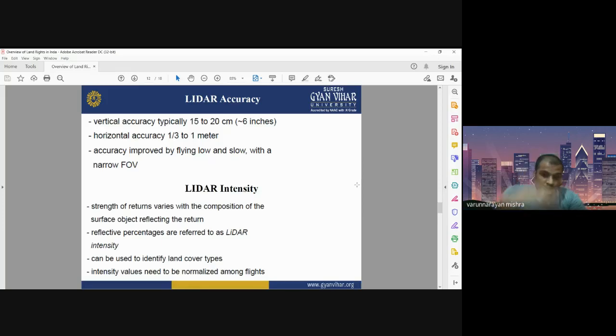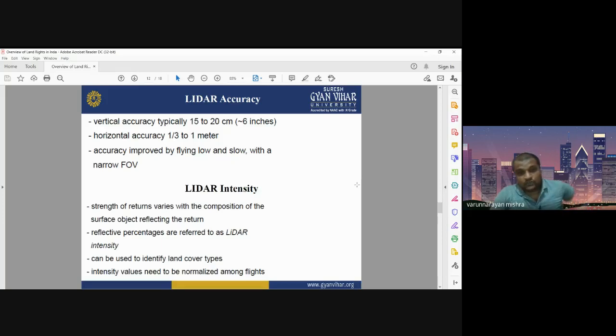Your flight elevation should be low, and the speed of the aircraft should be low. If we follow these three factors, flying low, flying slow, and using a narrow FOV, it will increase your accuracy. It may reach up to 10 centimeters of vertical accuracy.